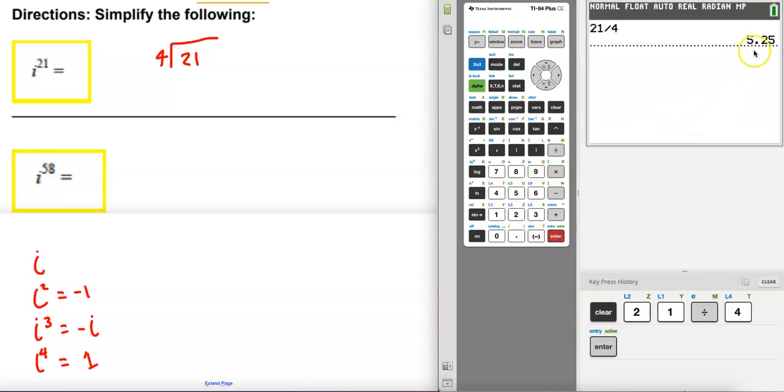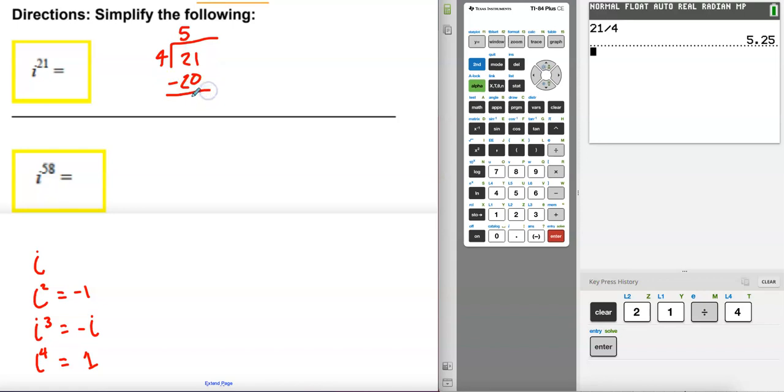I get that it goes in 5 whole times, which gives me 20, and I'm going to have a remainder of 1. So it tells me that i to the first power is equivalent to i to the 21st power, and quite naturally, it's just equal to i, or the square root of -1.